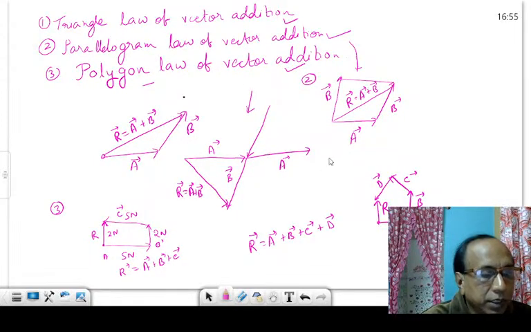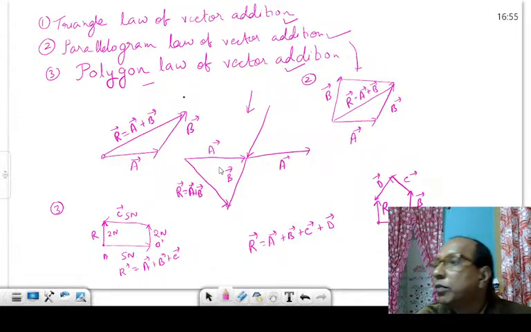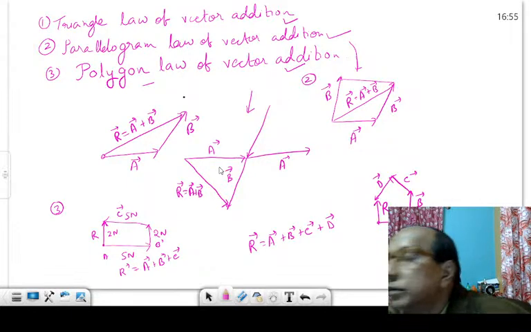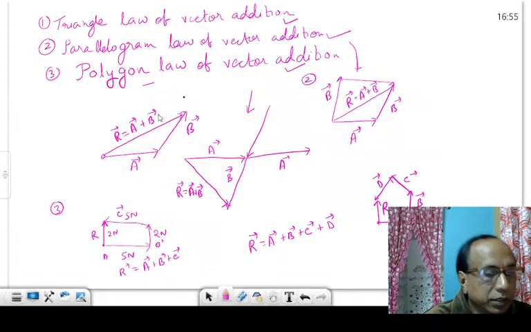So these are the three rules of vector addition, and the next day we learned the general formula for vector addition, right? Therefore we are getting all these formulas.